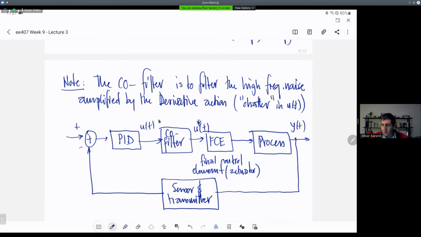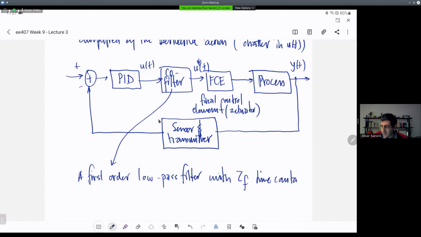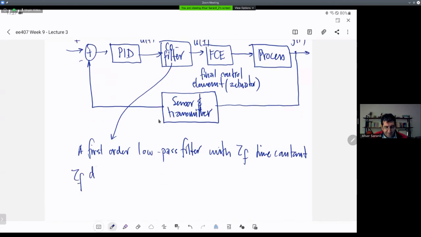Okay, so what is this filter? This is a first order low pass filter with the given time constant tau F. So in the differential equation version, tau F d over dt u star of t plus u star of t is equal to u of t.